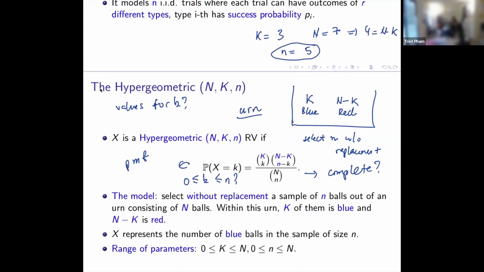All right. So is it possible for k to be 0 in this scenario? Is it possible for me to have no blue ball in my sample?